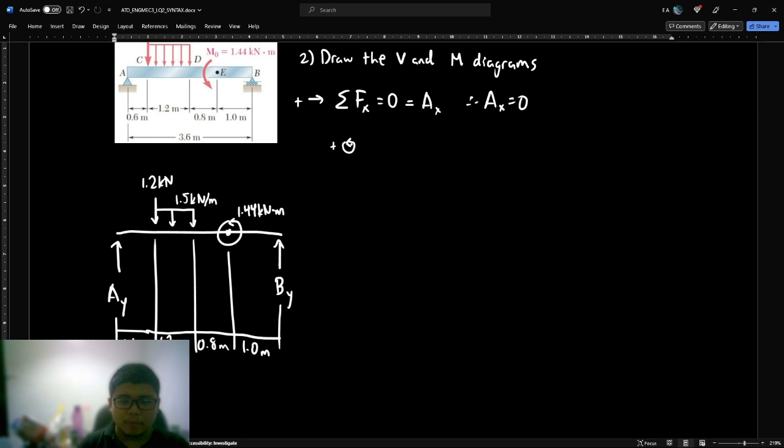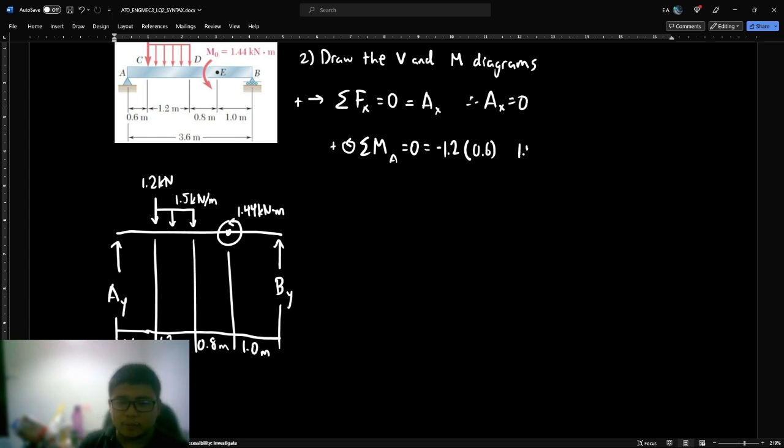Therefore Ax is equal to 0 and we can erase Ax from our free body diagram. If we add moments at A to be equal to 0, we would get minus 1.2 kilonewtons multiplied by 0.6 meters. We are taking counterclockwise to be positive. So since the 1.2 kilonewton load will have a clockwise rotation, it's going to be considered negative.